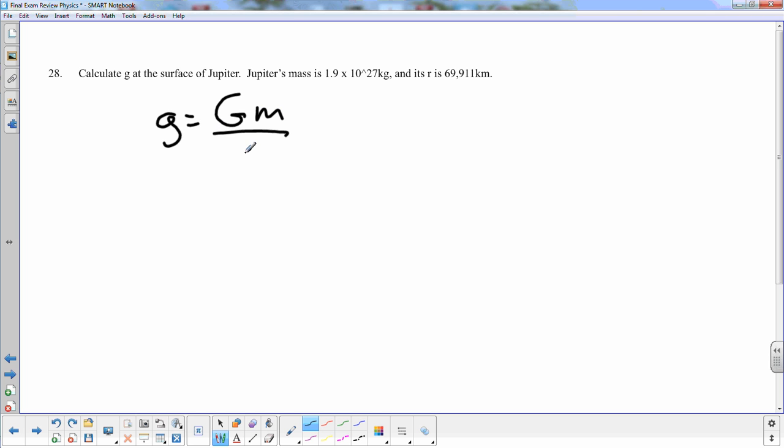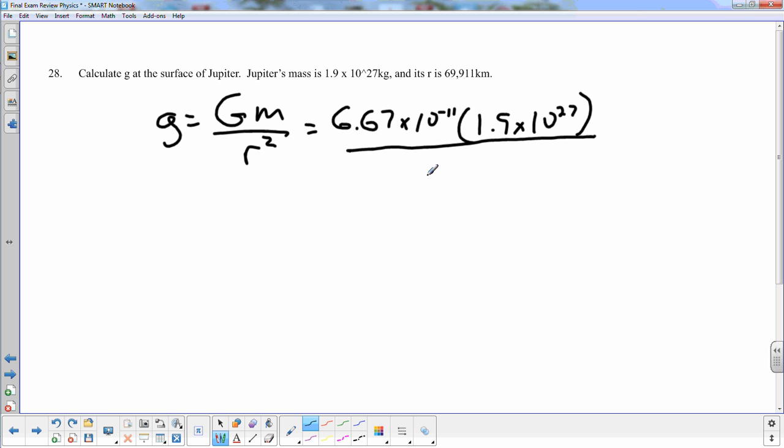So 6.67 times 10 to the negative 11 times 1.9 times 10 to the 27th divided by some parentheses here, 69,911,000 squared, close my parentheses, 25.92 meters per second squared. At the surface of Jupiter.